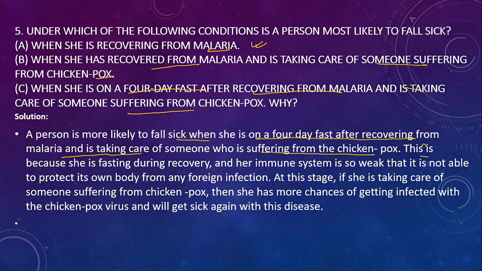This is because she is fasting during recovery and her immune system is so weak. Yes, this is the key point. Because she is fasting after the recovery and her immune system is so weak that it is not able to protect its own body from the foreign infection.